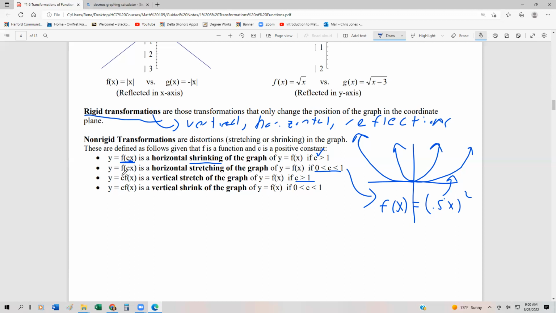So maybe I had like 2x squared, and that would be a vertical stretching of that. And a vertical shrink would be if the number is between 0 and 1. Now, remember, if the number is negative, that means you're going to have a reflection in an axis potentially. So just keep in mind that that's why we're only keeping positive values.